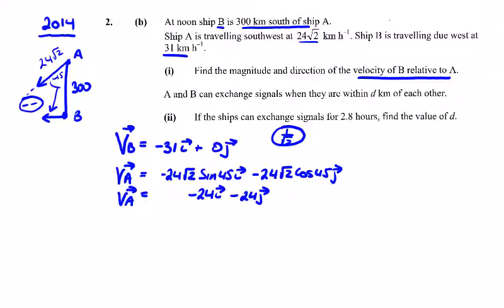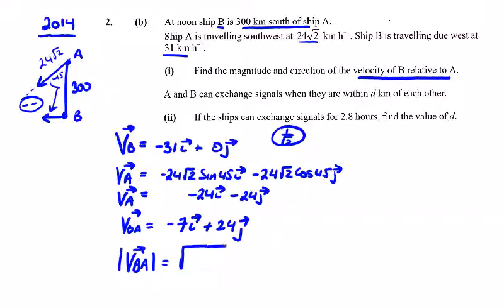So the velocity of B relative to A is the velocity of B minus the velocity of A. So we get minus 31 minus minus 24, which is plus 24, so we get minus 7 in the i direction. And we get 0 minus minus 24, plus 24 in the j direction, and the magnitude of this works out evenly to be 25. It's the square root of 7 squared plus 24 squared.